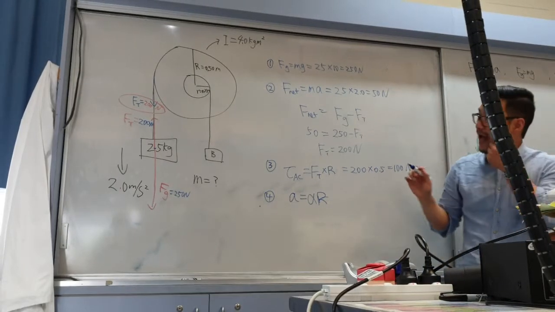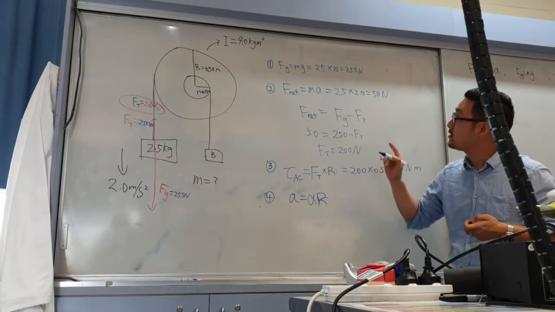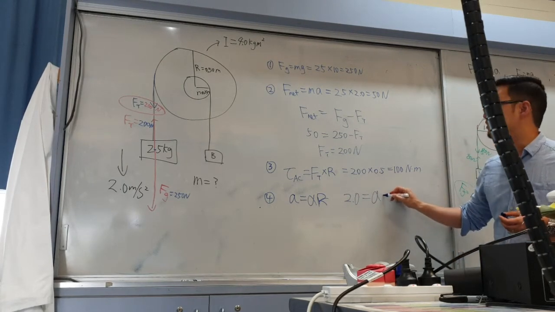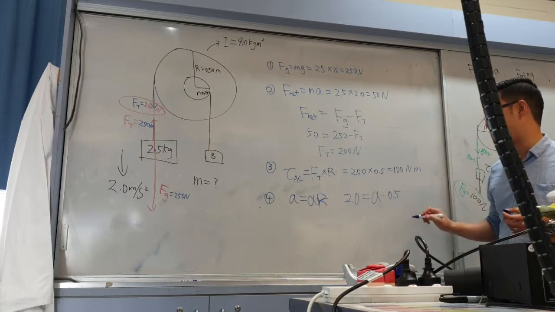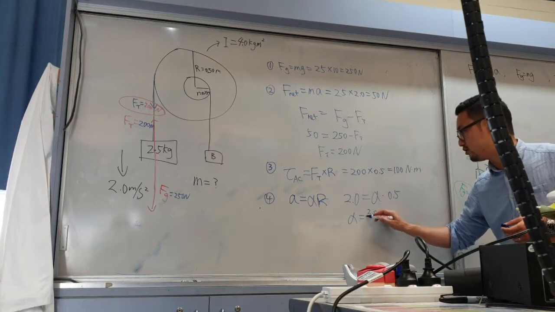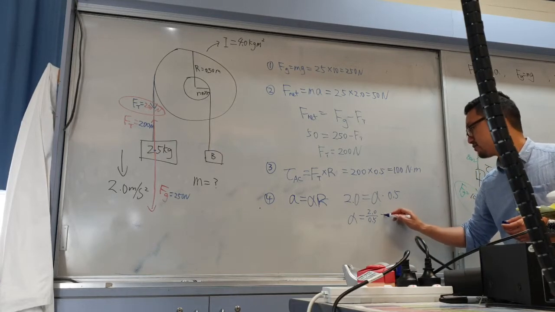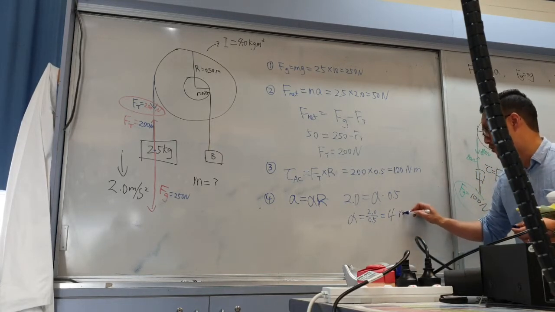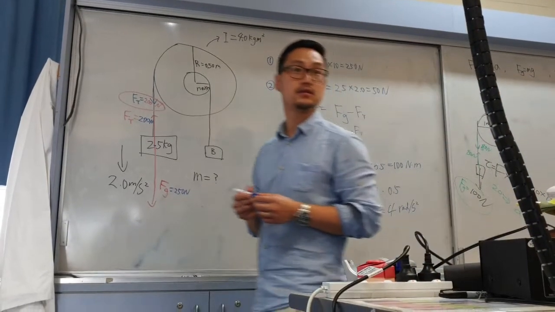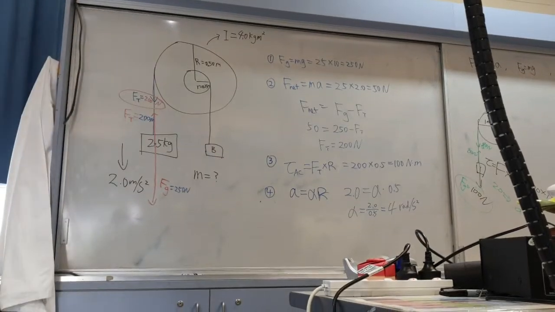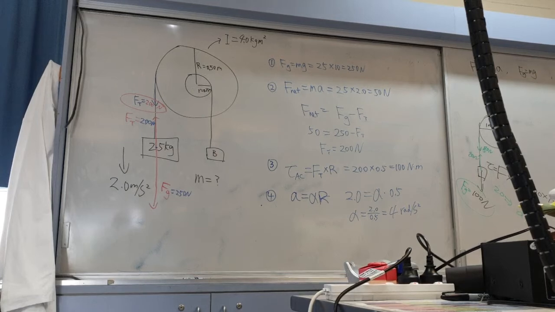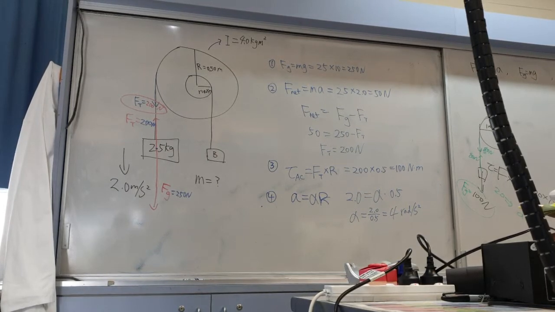So now I can write over here, my acceleration is 2.0, that will equal to alpha times the radius, which is 0.5. So now alpha is going to equal to 2.0 divided by 0.5, so that becomes 4 rad per second squared. Does that make sense?